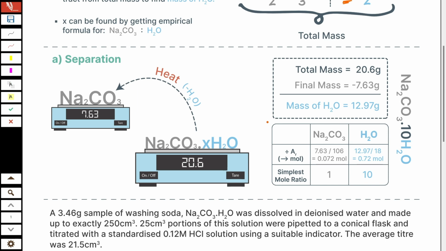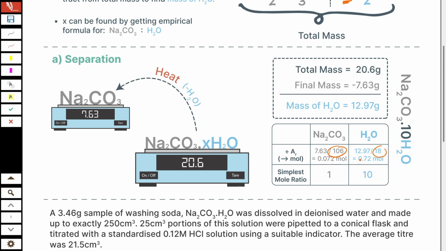Okay, we can find out what mass of water that is then, of course, by subtracting the anhydrous sodium carbonate from the total mass of the crystals initially. And we get 12.97 grams of water. Okay, what we can then do is basically just get the ratio of these two, the molar ratio, and that will give us the value of X. So here we'll divide our 7.63 by 106, the relative molecular mass of sodium carbonate, and we'll divide the water, of course, by 18, its relative molecular mass, and we get 0.072 moles and 0.72 moles, which gives us a ratio of 1:10.